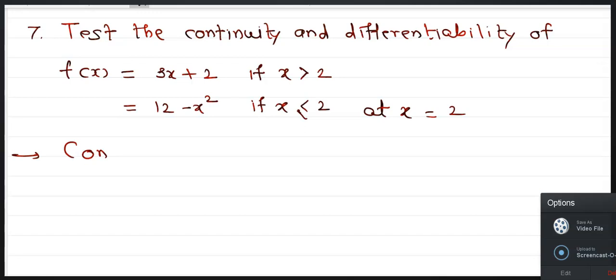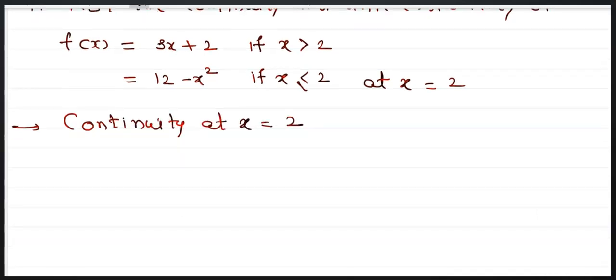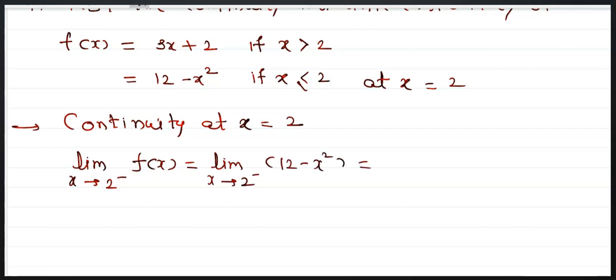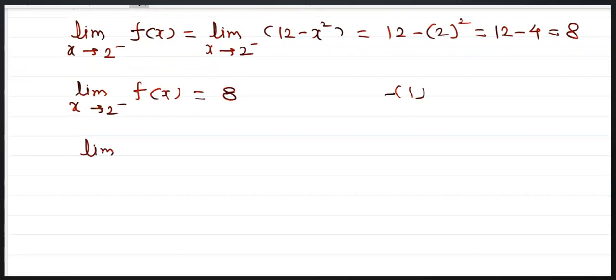Now the continuity at x equals 2. Limit x tends to 2, left hand side limit. We'll take the function 12 minus x square. That is equal to 8. Right hand side limit: for that we'll take the function 3x plus 2.